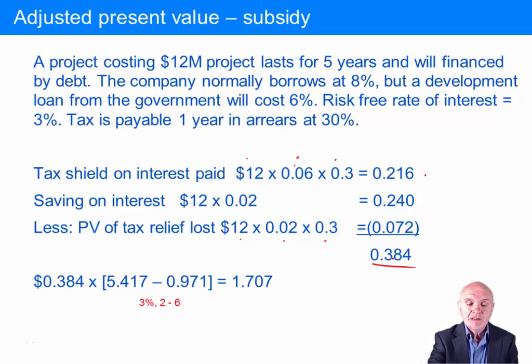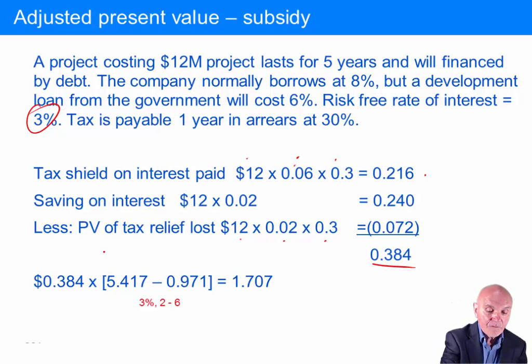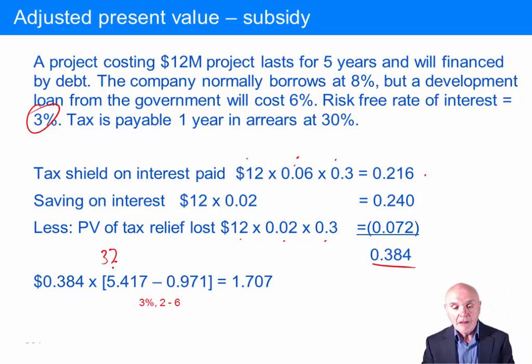And what we want is to discount that at a 3% rate for years 2 to 6. We're borrowing for years 2 to 6.